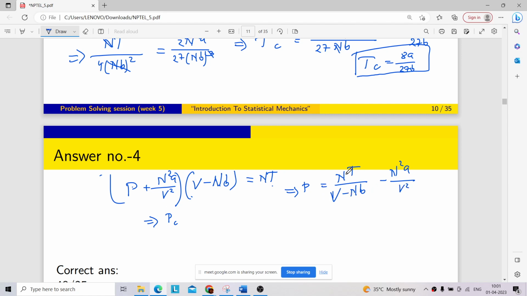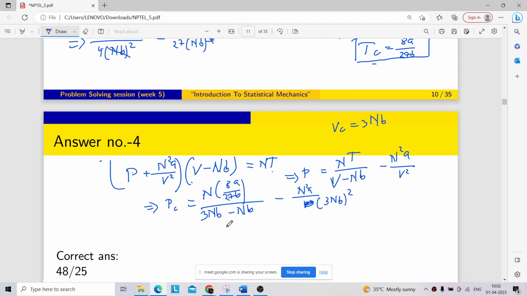So VC is 3NB and TC is here. So PC will be N times TC, which is 8A over 27B, divided by 3NB minus NB, minus N square A over V square, with V as 3NB whole square.